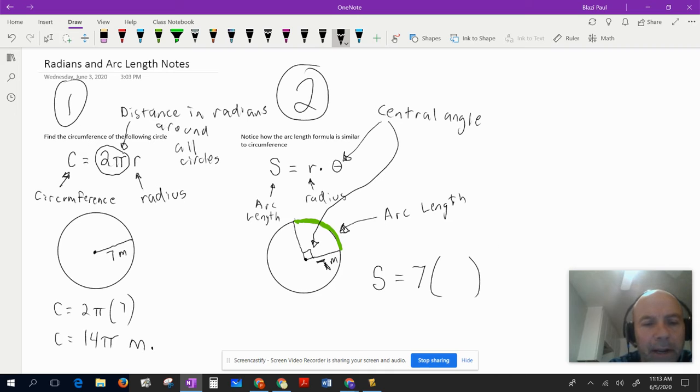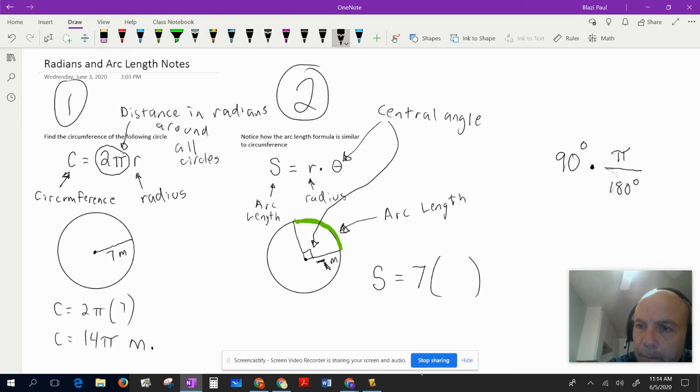Well, we need to turn my 90 degrees into radians, okay? I need my central angle to be in radians, and in this case, it says 90 degrees. So let's go ahead and turn it into radians, just like my circumference is. So 90 times, what was the converter? Remember, it's pi over 180 degrees, right?